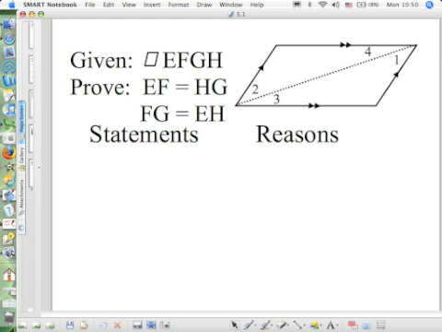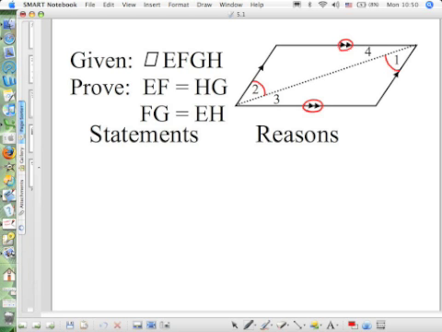They form corresponding angles that are congruent to each other. Well, in this case, if the top two lines are parallel, and this dotted line is the transversal, then angle 2 is congruent to what? Angle 1. Because they are alternate interior angles.